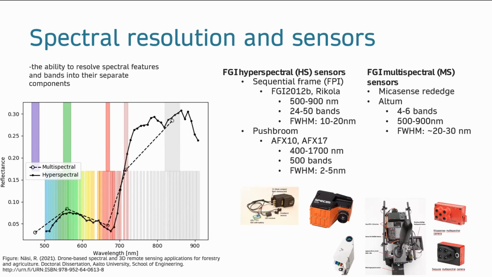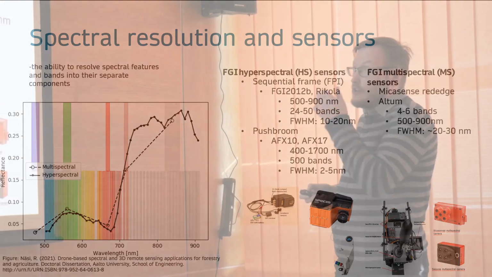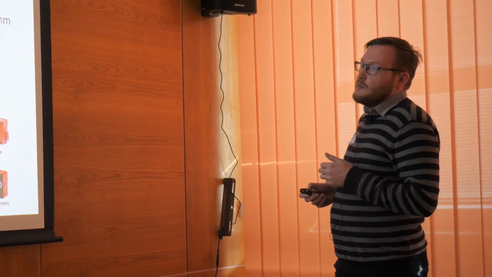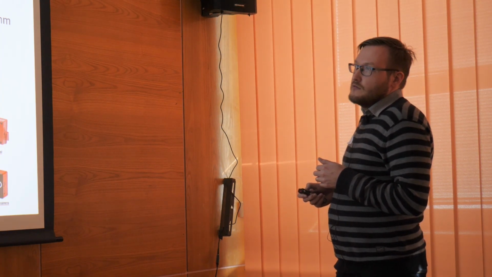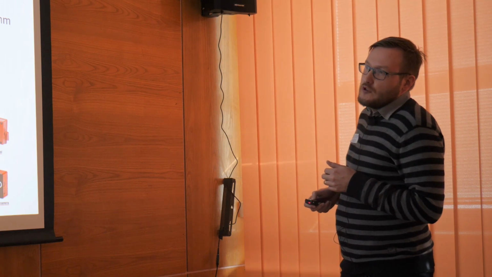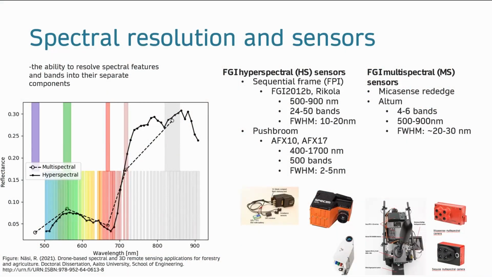It's from 500 to 900 nanometers. It can collect 20 to 50 bands depending on the settings, and then the full width half maximum is around here. This is also demonstrated here, how it looks in the spectra.